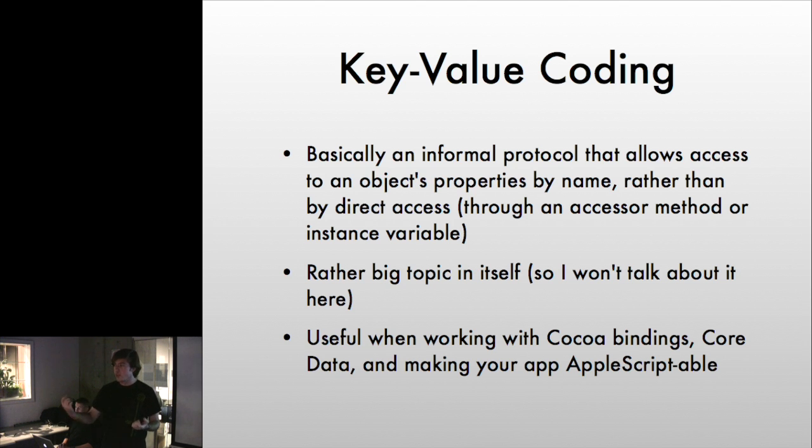There's a really nice way to bind those so that anytime you change the variable, the label updates automatically. In order to use Cocoa bindings, you need to know how to do key value coding and key value observing, because that's how it's done under the hood. It uses key value coding. Another useful thing is if you want to make your application AppleScriptable, then key value coding is again pretty useful.